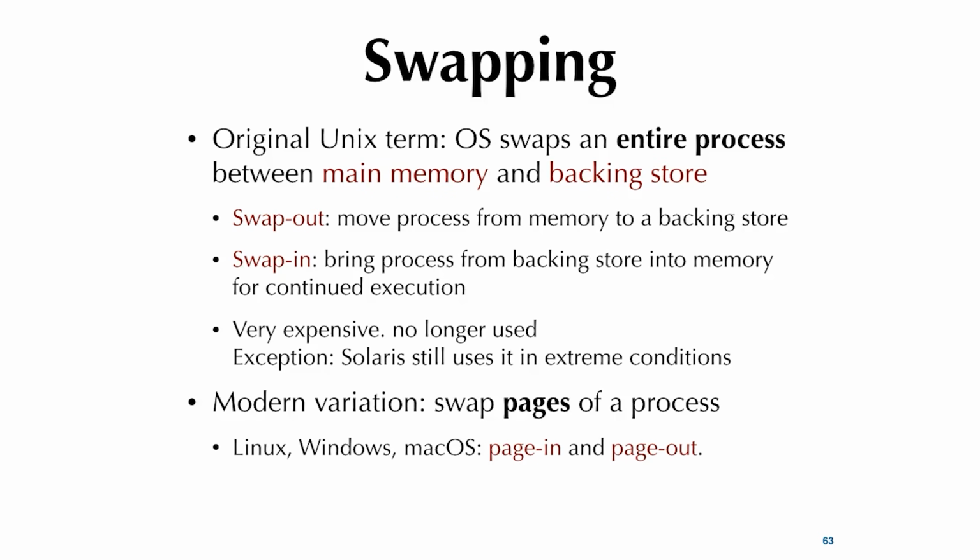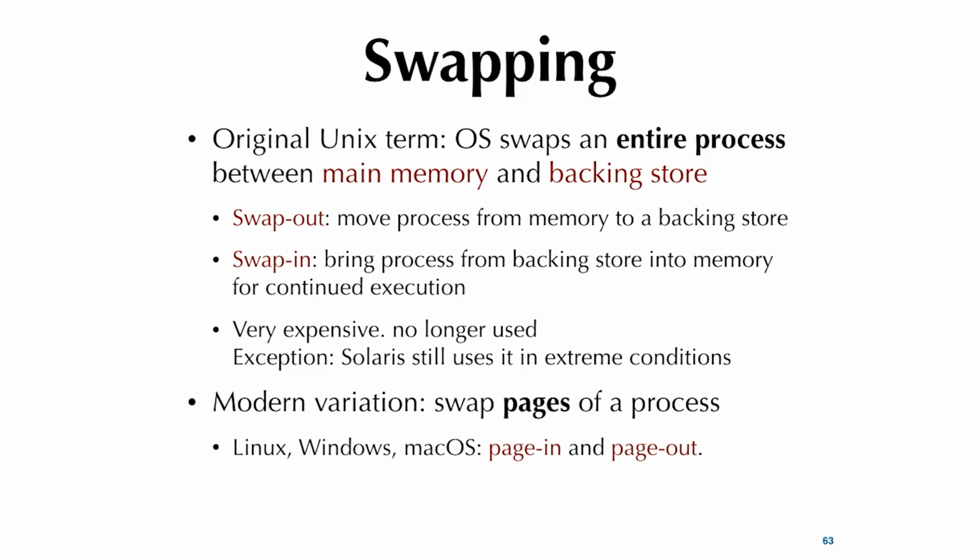Okay, so to wrap this up, I'm going to talk a little bit about swapping. Swapping is put in this chapter mainly for two reasons. One is it is related to memory, but traditionally swapping refers to swapping the entire process from memory to disk.